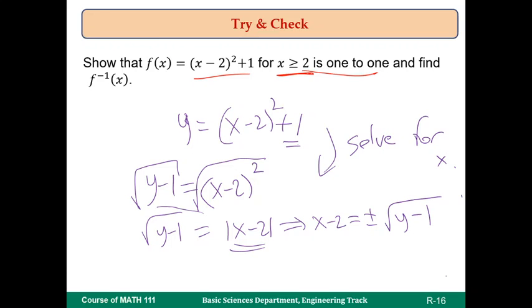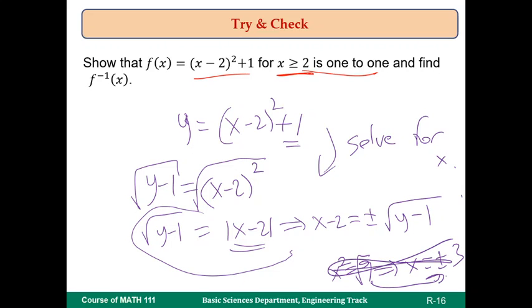You can skip this step, but what I don't like is some students always say square root of 9 is equal to plus minus 3. No, this is not true. When solving, we say x is equal to plus minus 3. We never say square root of 9 is equal to this. No, this is never true.